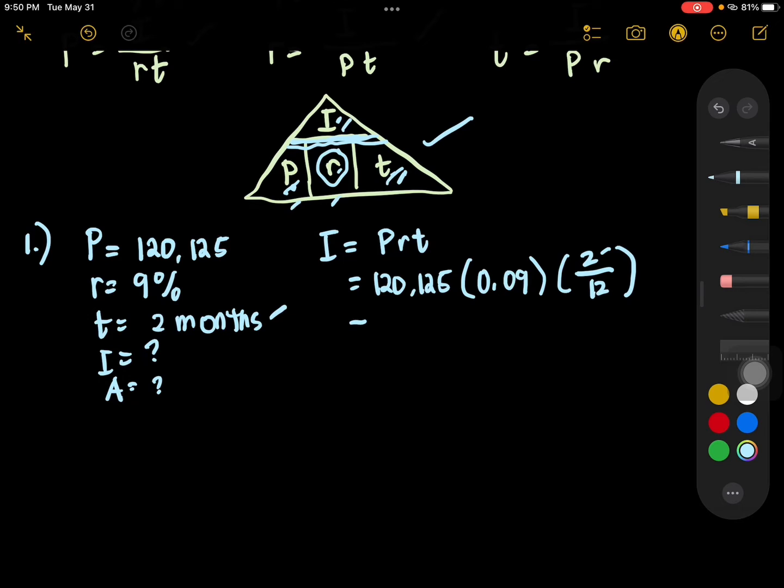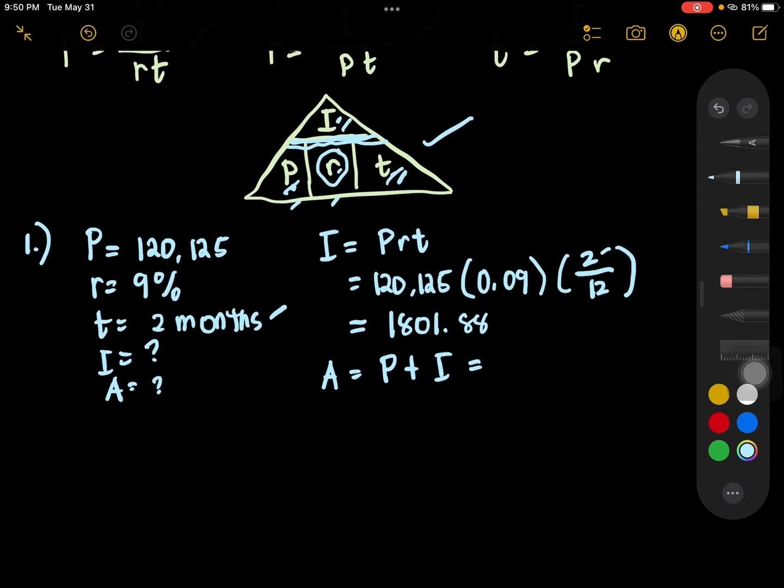Okay, now you can use your calculator. Our interest here is, very good, it's 1801.88. So you always round off to 2 decimal places because we are dealing with money. Now, how about the amount? The amount is principal plus the interest.